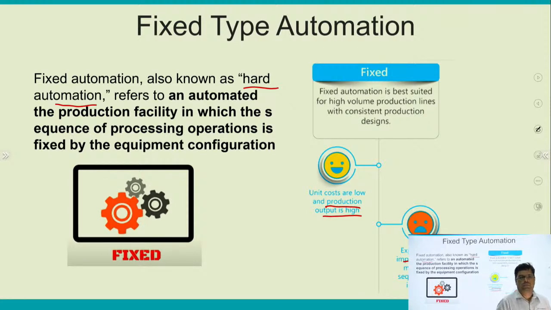And if we want to change, like if we make a Pepsi, we program it once, but after 5 years if we want to change the quantity of sugar or gases in it, through fixed automation we cannot change, we can only stop the process. So these are some limitations of fixed type automation system.